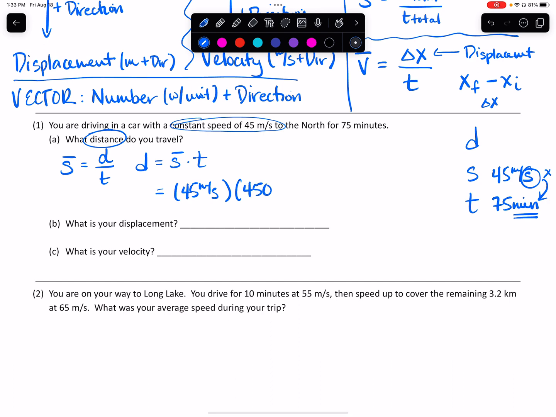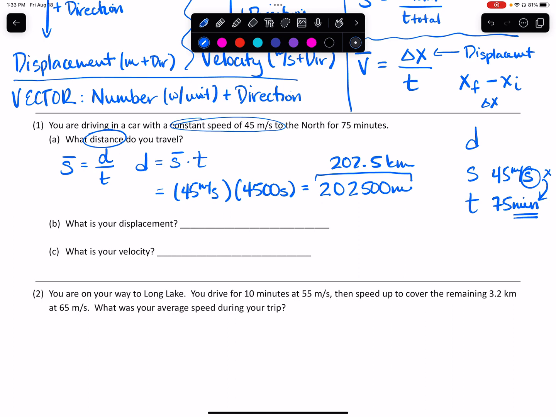That becomes 4,500 seconds, which means the distance I'm going to travel over these 75 minutes moving at this speed is 202,500 meters. The problem doesn't specify that you need kilometers, so you can leave it in meters. But if you want kilometers, you divide 202,500 by 1,000, and we find that it's 202.5 kilometers.